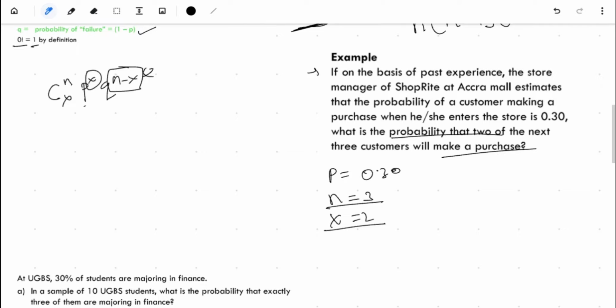First of all, we have to look for the probability that they won't buy, right? Because it's a binomial. It's either they buy or they don't buy. So if the probability that they will buy is 0.3, what's the probability that they won't buy? Let's represent it by q. The probability that they won't buy is 1 minus the probability that they will buy, so q is 1 minus 0.30, which gives us 0.70.